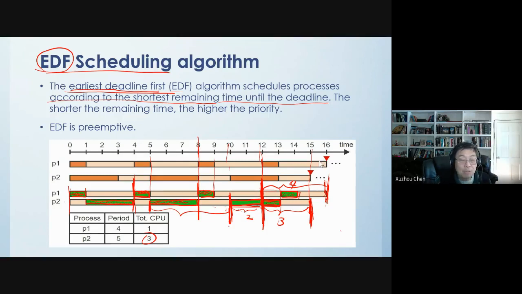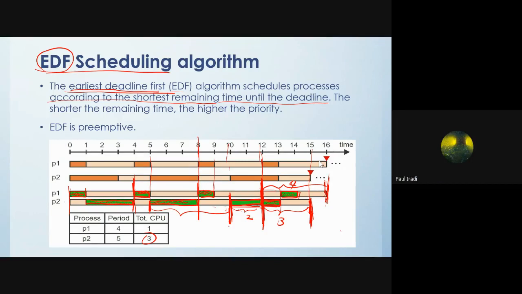Now the question is, which scheduling algorithm is better? Any idea?